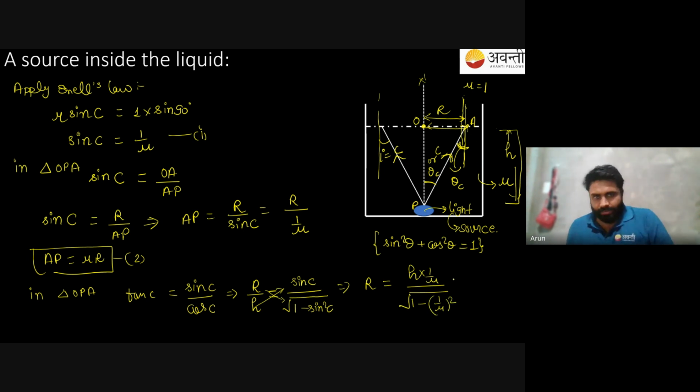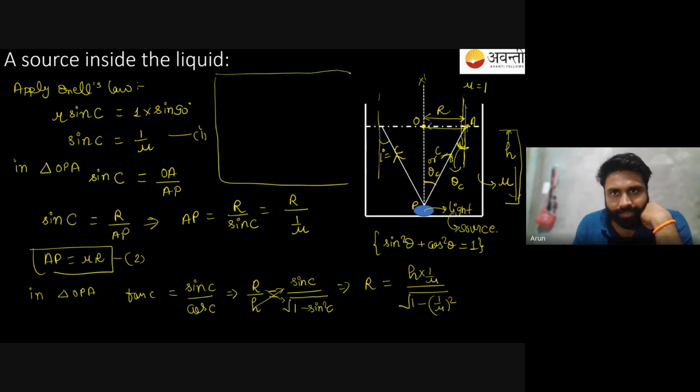Okay. So if you've done all of this calculation, what will you have in your hand? So I'm solving it here. The final step, I am writing it. So r is equal to h times mu square root of mu square minus 1 by mu square.